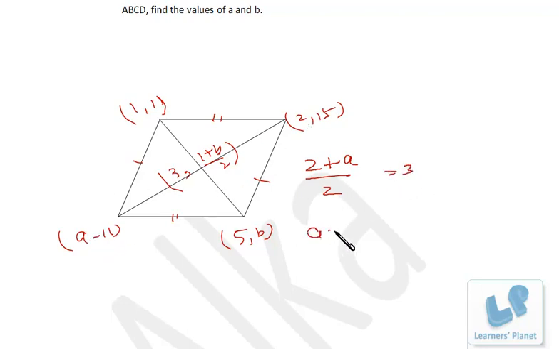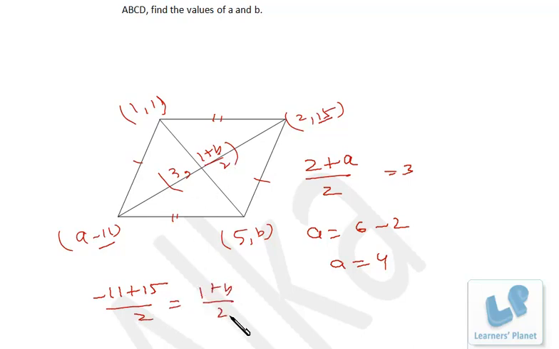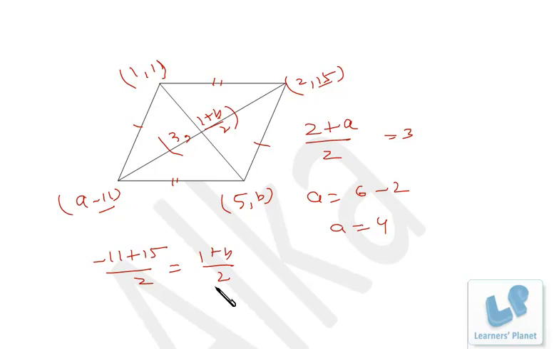So a will be 3 twos are 6 minus 2, that is 4. Similarly, (minus 11 plus 15) by 2 will be the y coordinate. So (b plus 1) by 2 is equal to 4, that means b is equal to 3.